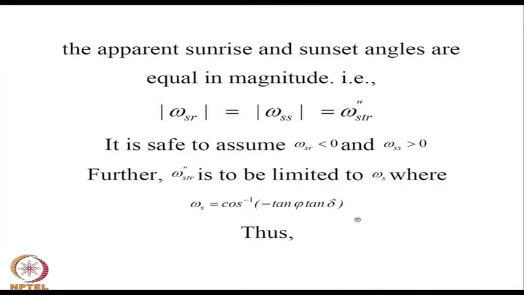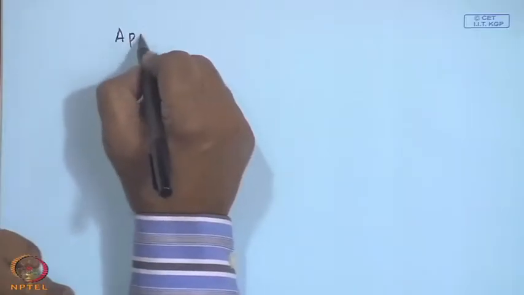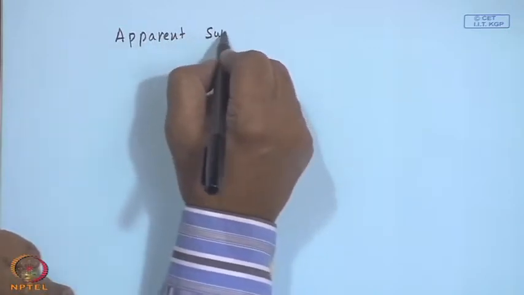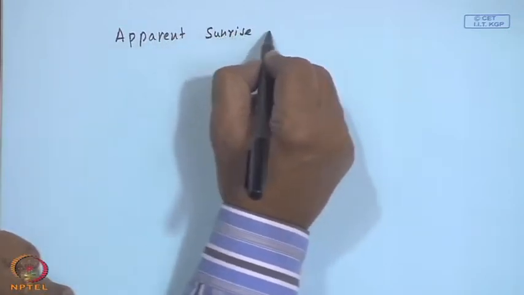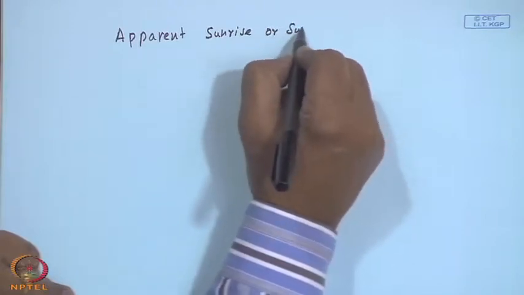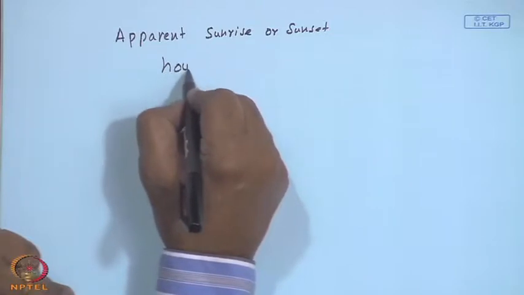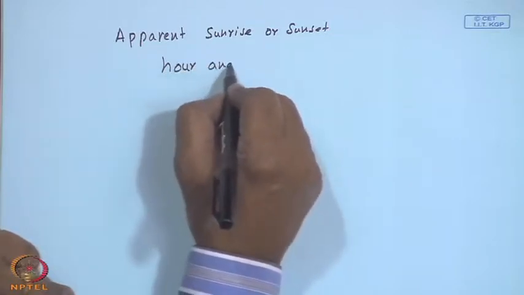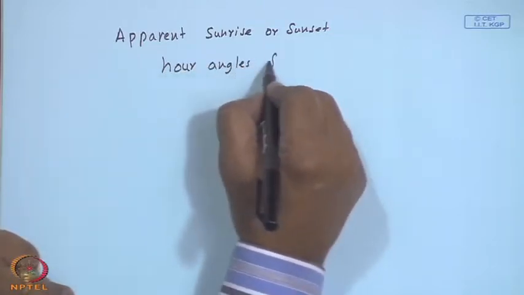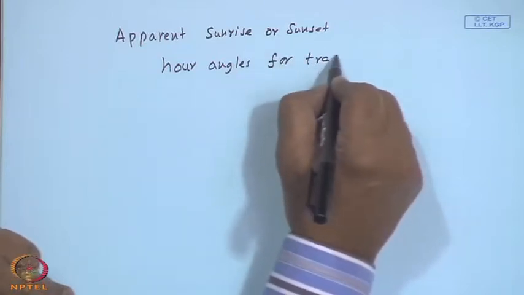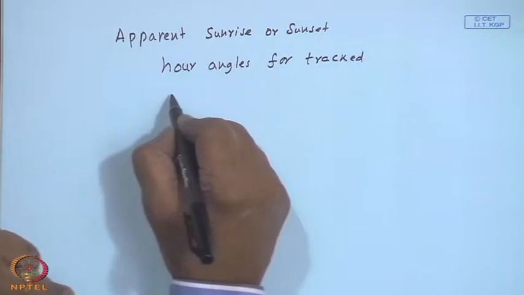Now, apparent sunrise or sunset hour angles for tracking surfaces.